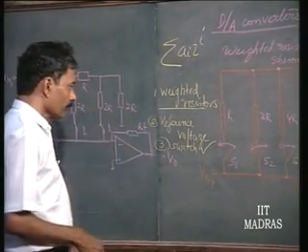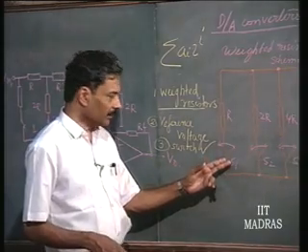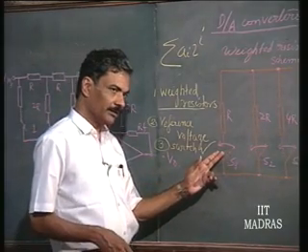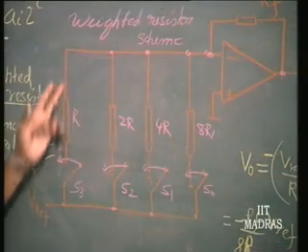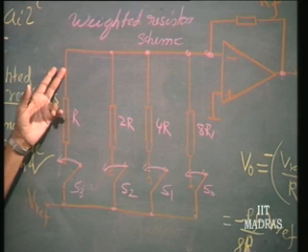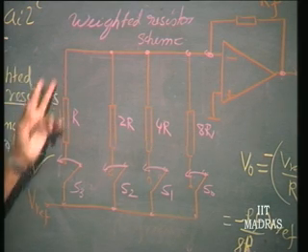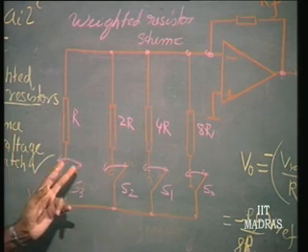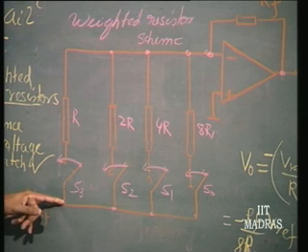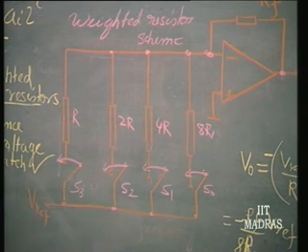Now, this scheme of switching here, as you close this, the current flowing in this is V reference by R. Number 1, the current drawn from V reference will keep changing depending upon the position of the switch.